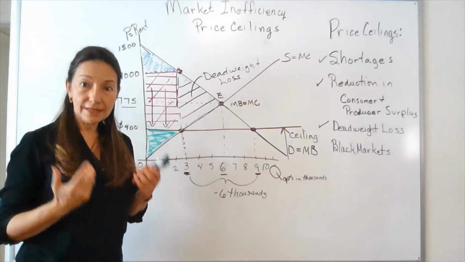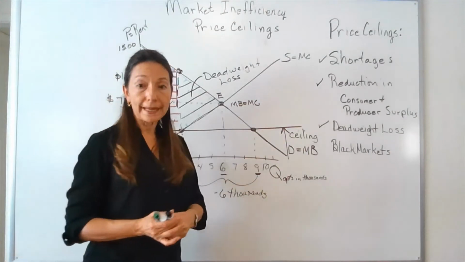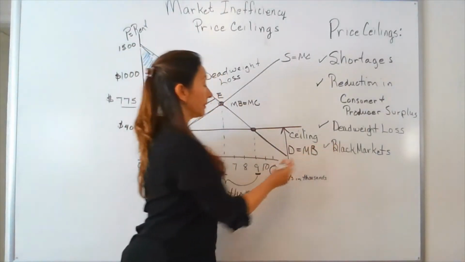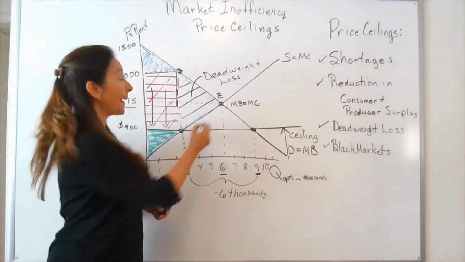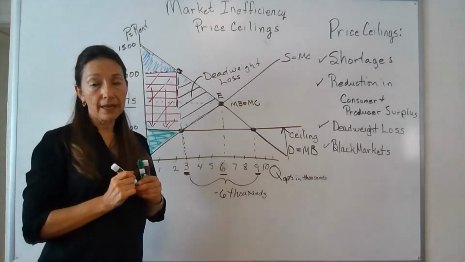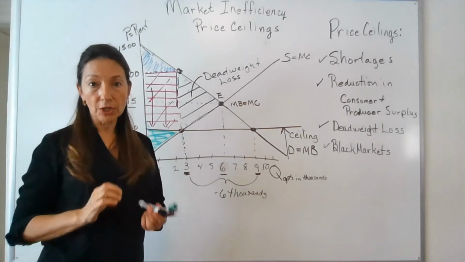So a ceiling of any type is going to have these four impacts and actually create a distortion in the market where we will not be achieving maximum efficiency that is found when we price where marginal benefit equals the marginal cost.